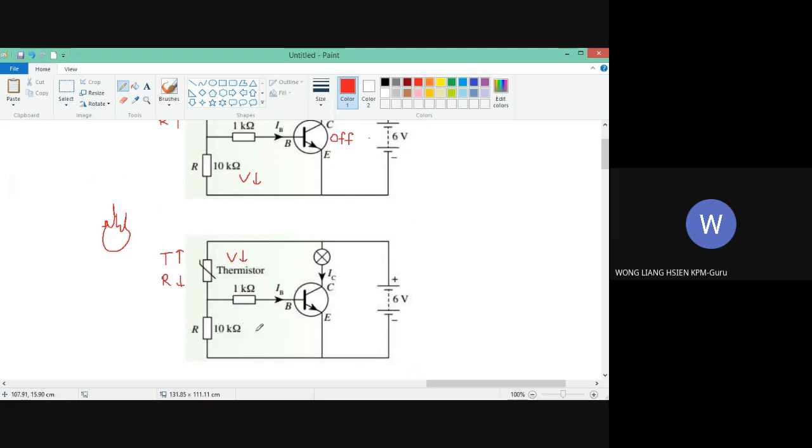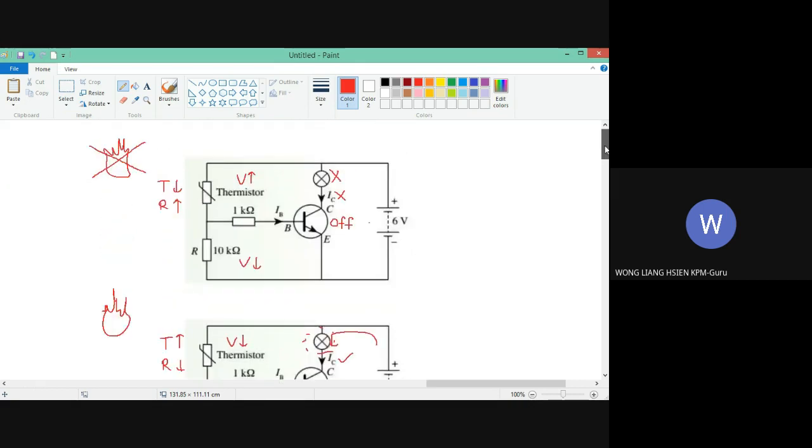So this 10 kilo ohm will get a high voltage. That means most of the signal will go to the 10 kilo ohm. This high voltage is enough to turn on the transistor. So the transistor is on, current will be able to flow, and then the fire alarm will turn on.